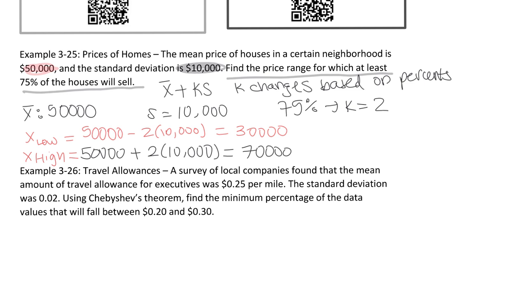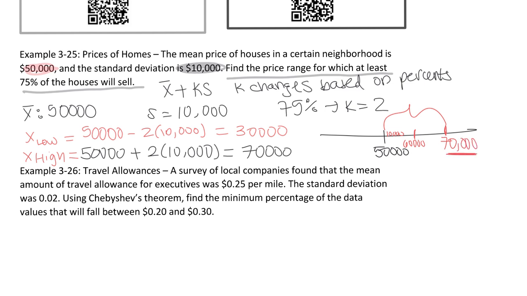And if you want to think of it on a number line, our average is 50,000. If I go 1 standard deviation to the right, that would be 10,000 more, which is 60,000. And then if I go 1 more, that would be 70,000.